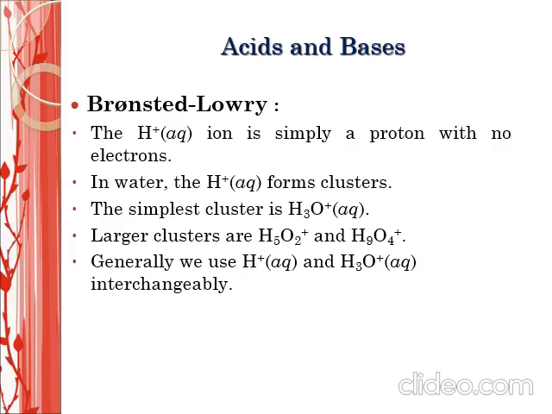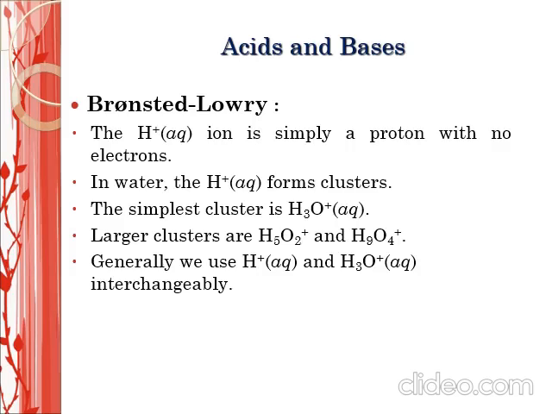Now let us look first at proton. Proton in aqueous ion is simply proton with no electron. So in water, this proton ion forms clusters. Cluster means they group with each other.